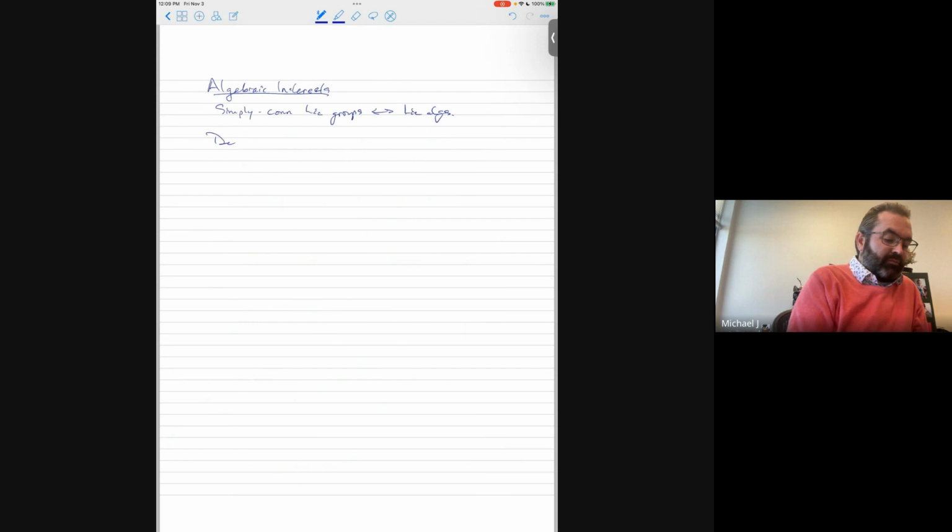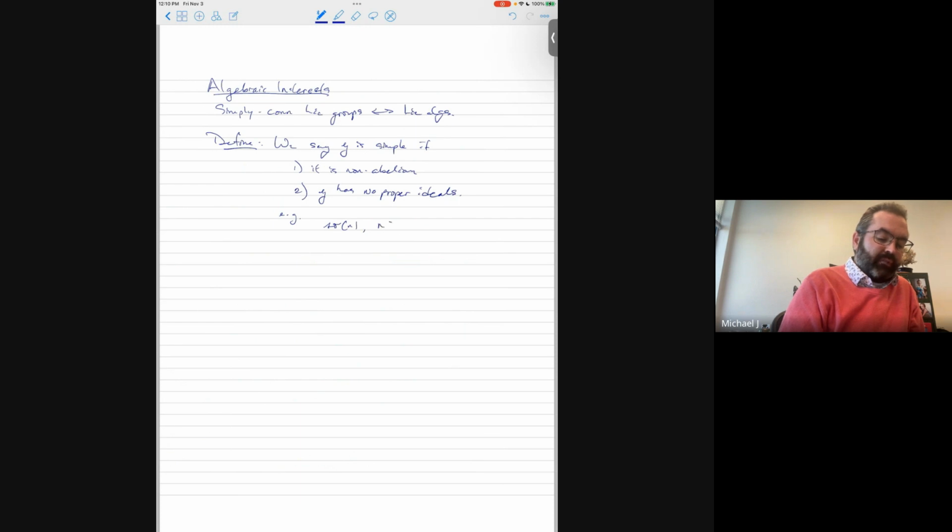Here's a definition. We say G is simple if 1, it is non-abelian. So it's a choice I'm making. And then 2, G has no proper ideals. So for example, I don't know, like SO(n), right? So for n greater than or equal to 5.